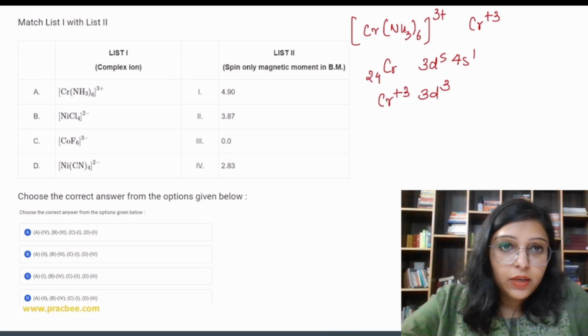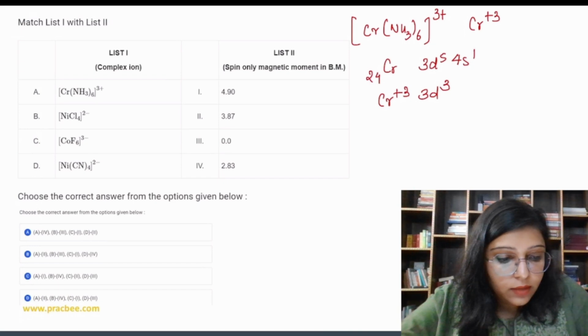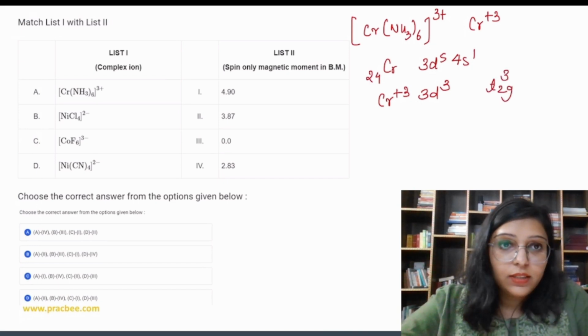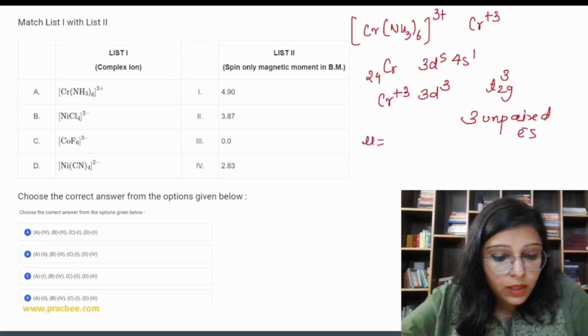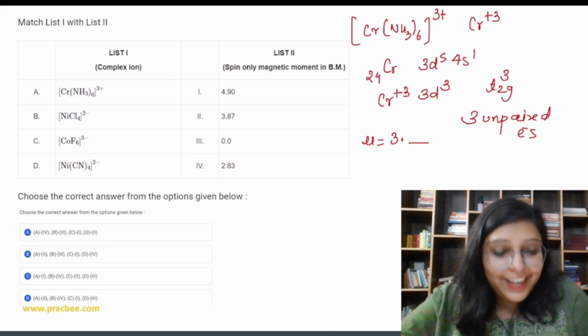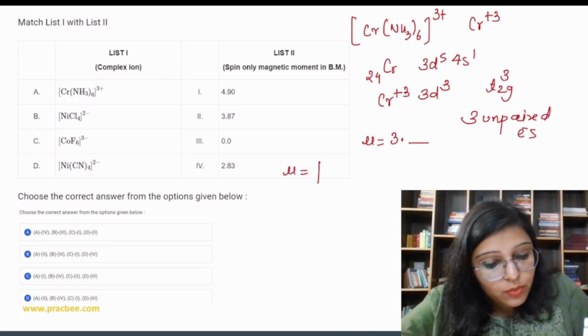So we have 3 unpaired electrons. So how do we write the configuration? This is going to be t2g3 only, because it is an octahedral complex. If it is t2g3, we have 3 unpaired electrons, and then the magnetic moment is going to be 3 point something, right? Or we can say mu is equal to root 3 into 3 plus 2.